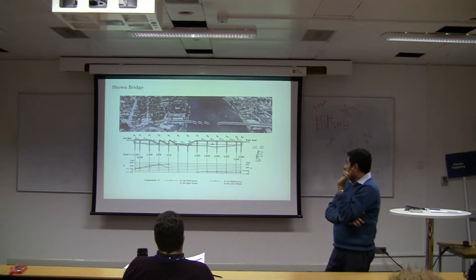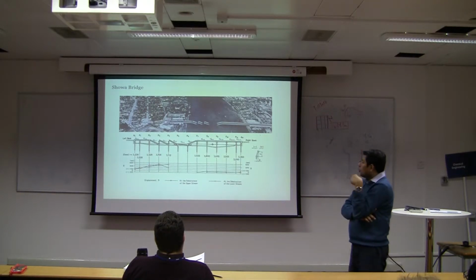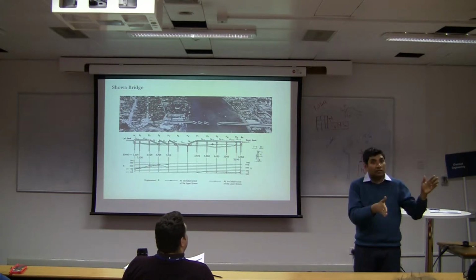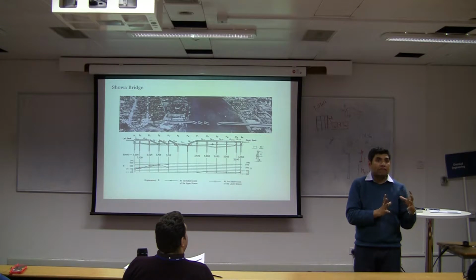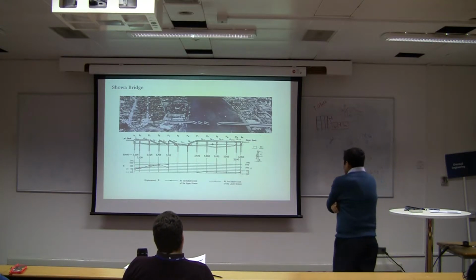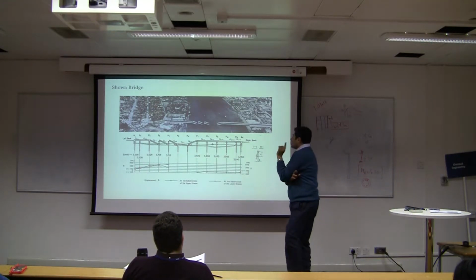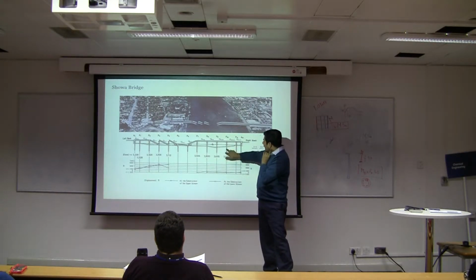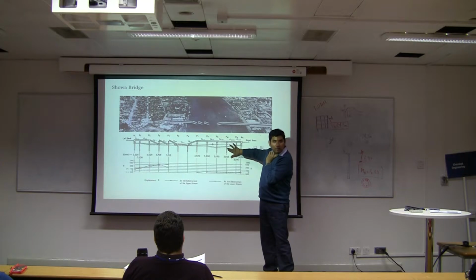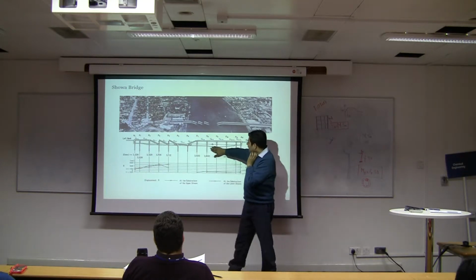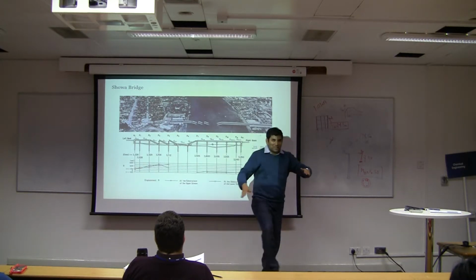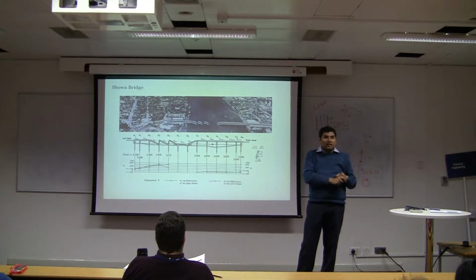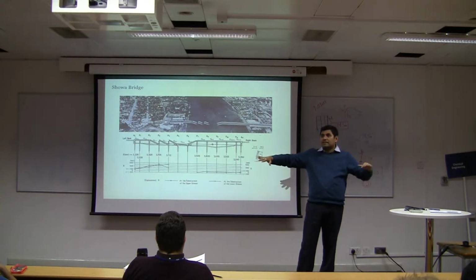But the thing is that the current codes all say to design against the lateral flow of soil. That's the main cause of failure. But if that's the cause of failure, would you not expect that the piles here would fail, because you have more lateral flow there? The middle of the bridge is more or less flat, because the middle of the river will have a flat surface, right?